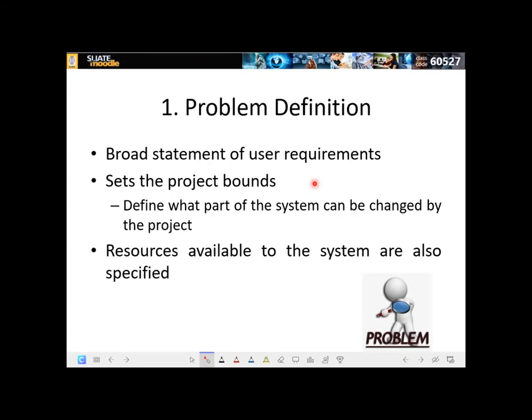Some organizations, you know, do everything smoothly with the manual system. They don't have a computerized system, but a proper system is there. Right. Then we have to identify what kind of problem there is with the current system.